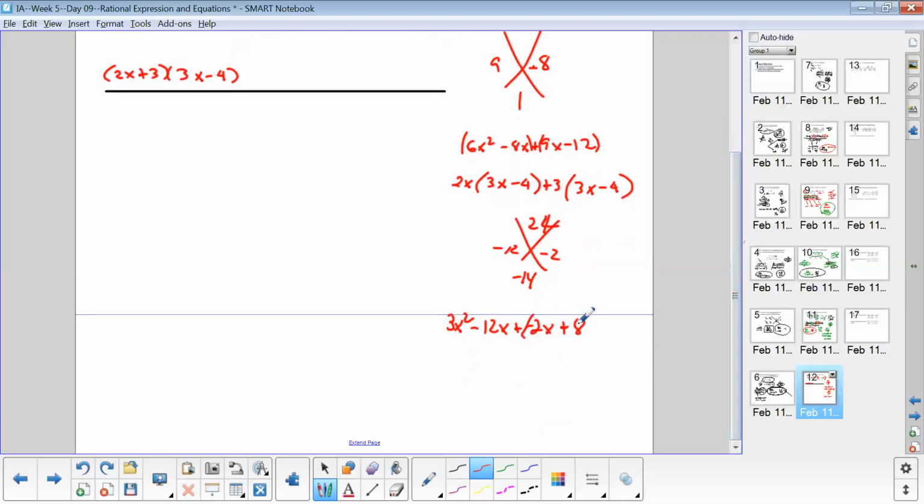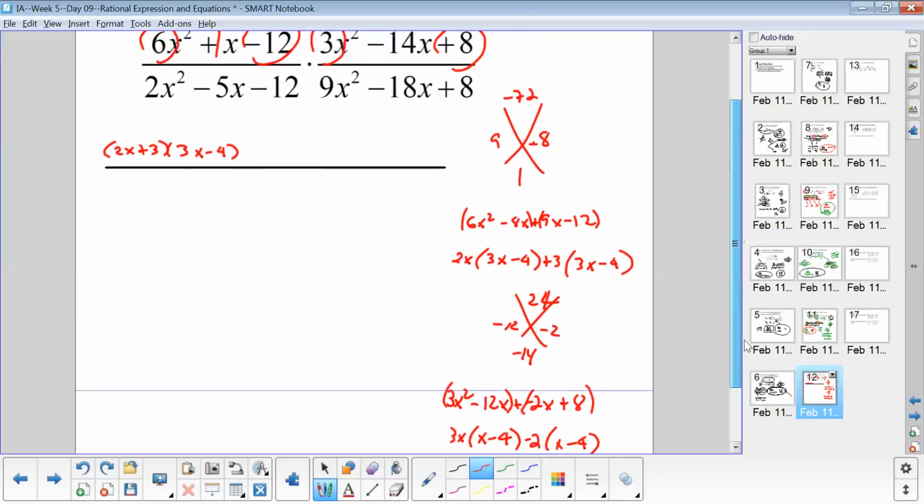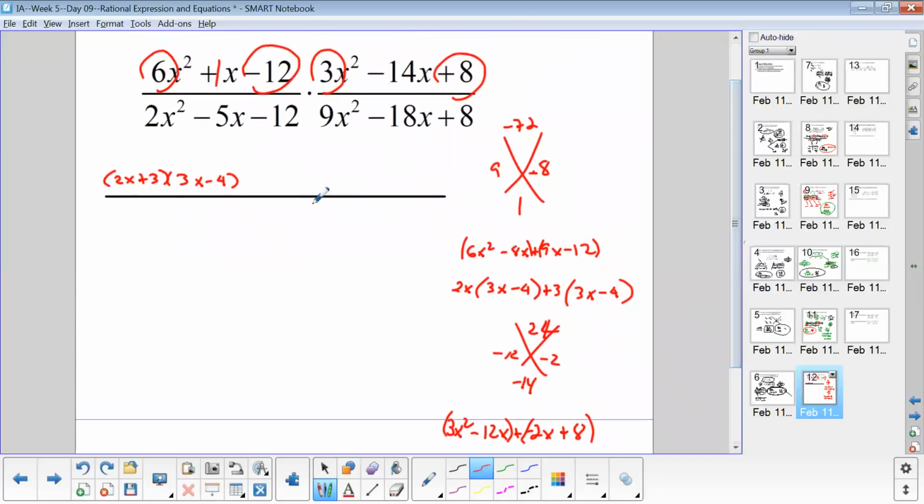Okay, so group factor, that'll be 3x and x minus 4, and factor out a negative 2, and that'll be x minus 4. So 3x minus 2 and x minus 4 as this trinomial on the top right.